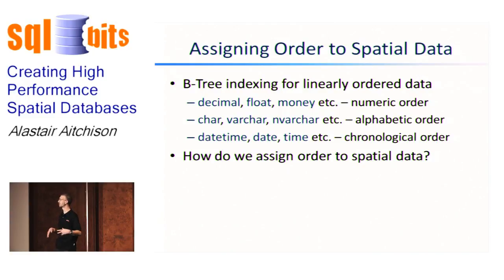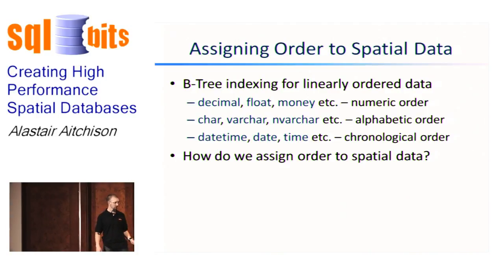So, for example, if you've got decimal data or money data or numeric data of any sort, you can arrange it into numerical order. If you've got string data, chars or varchars, you can put them into a collating sequence like alphabetical order. And if you've got temporal data, you can put that into chronological order. So far, so good. And then we get these spatial types. We've got geometry and geography. How do we put them into an order so we can put them into an index?